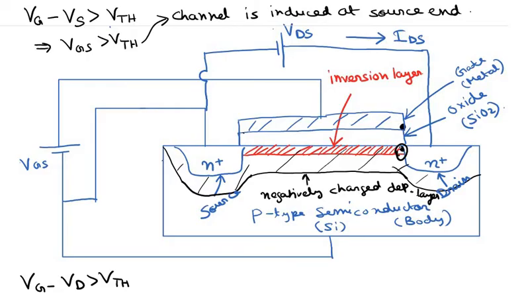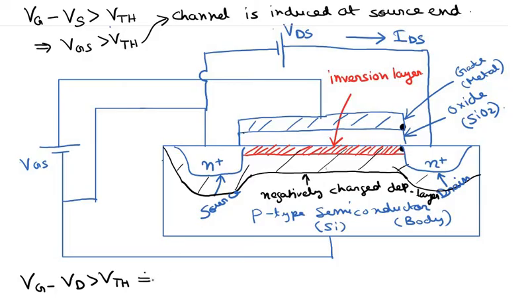Okay, so near this part or the extreme right, channel would be induced when the potential difference between the gate and the drain should be greater than VTH.